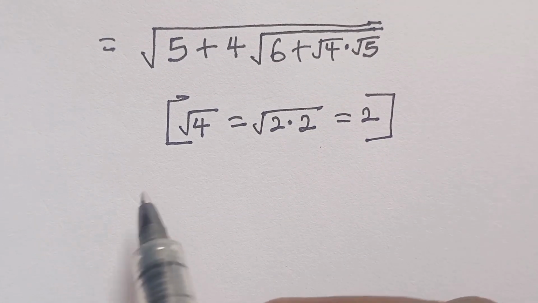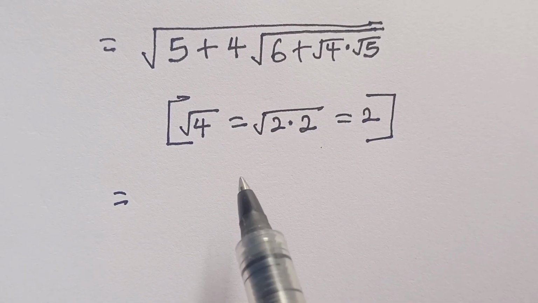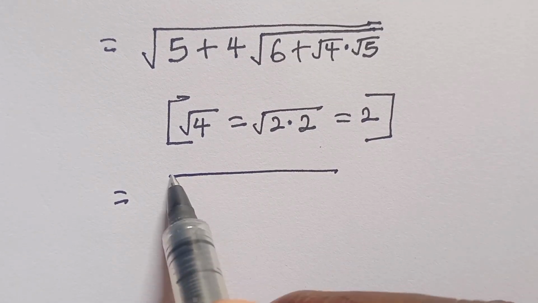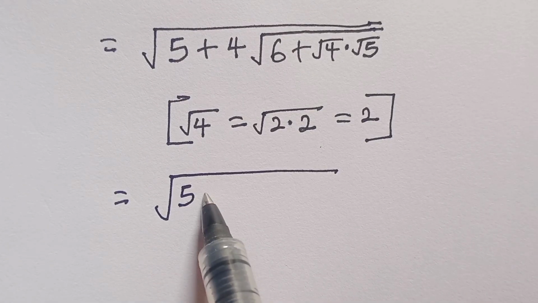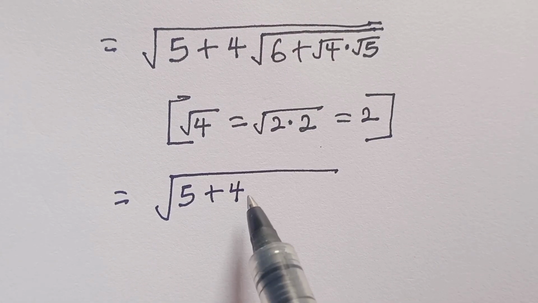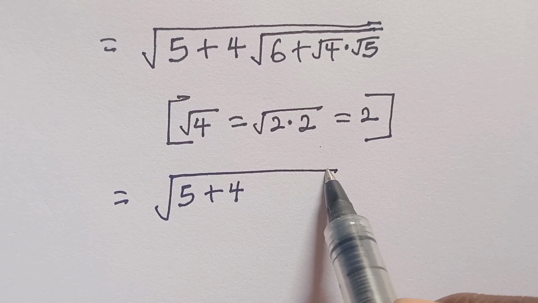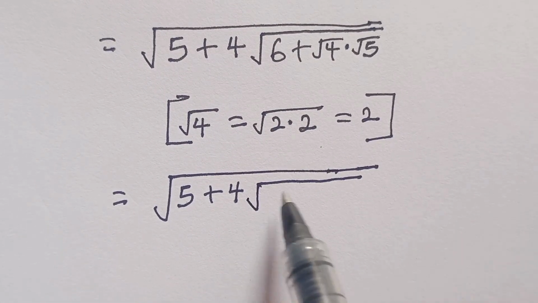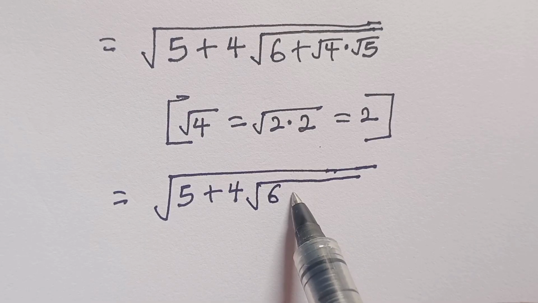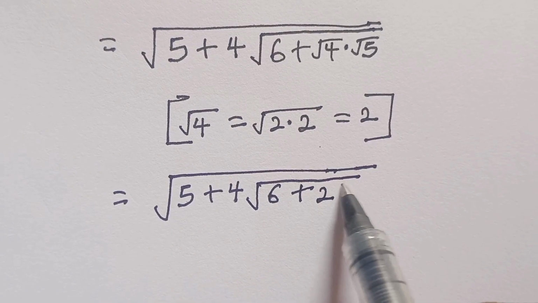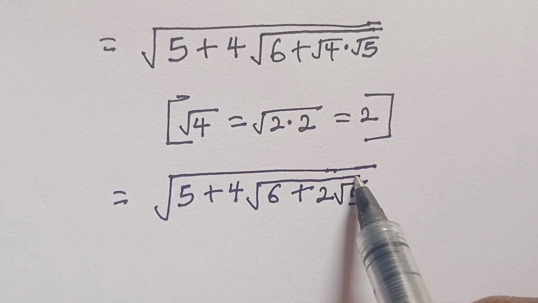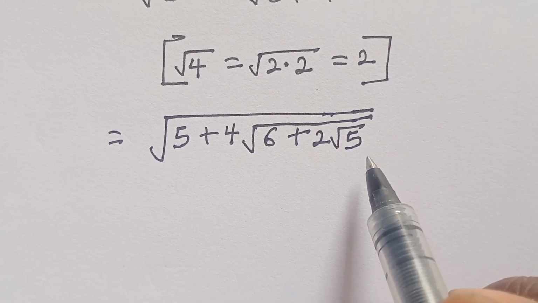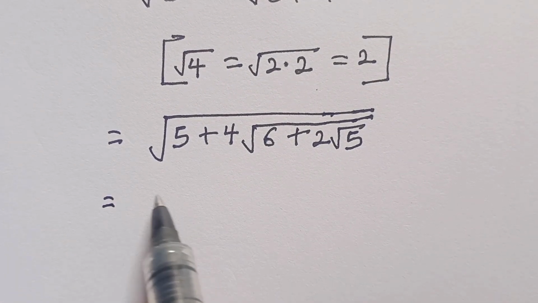So moving forward, I will now have the square root of 5 plus 4 square root of 6 plus, since the square root of 4 is 2, plus 2 square root of 5. Now, once you understand it up to this stage, it's now making sense.